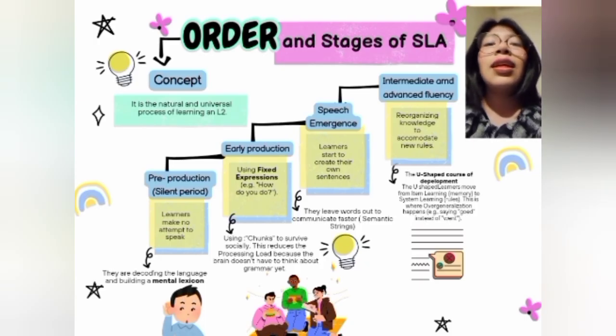Our second stage is the early production. We use formulaic chunks, and these are memorized phrases like "I don't know" or "my name is," simple sentences.